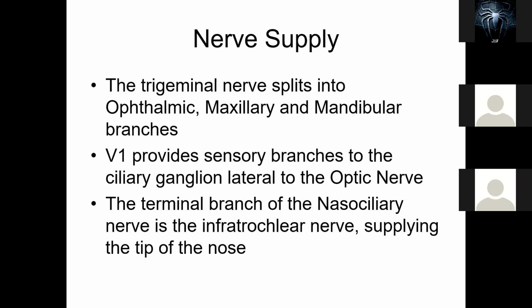So in certain injuries that affect the orbit, when this nerve is affected, one of the things that we look out for is to test for sensation at the tip of the nose. And that will let us know the extent of the injury and how the ophthalmic nerve might be involved.